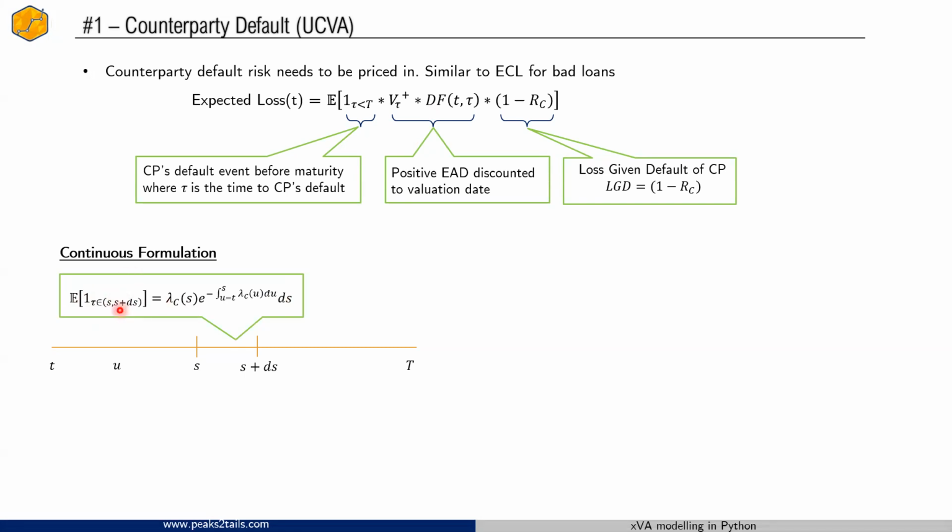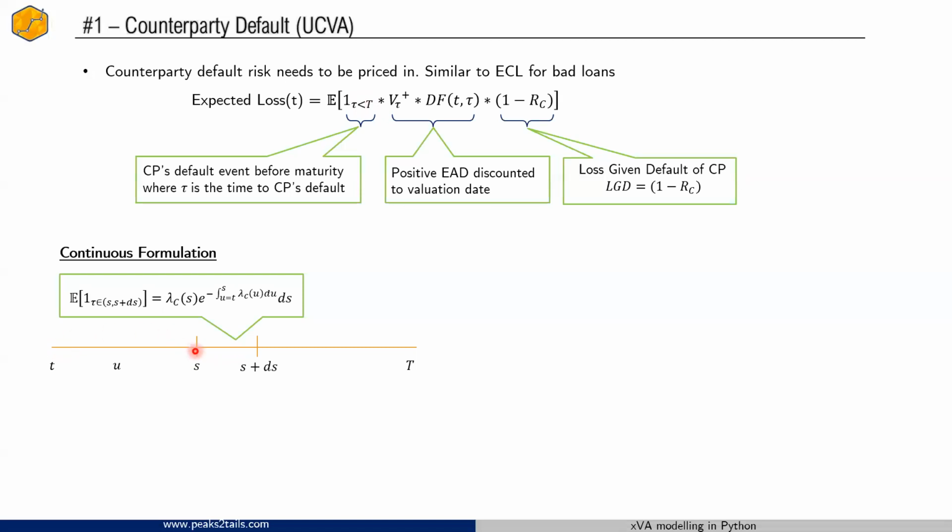We know that in Bernoulli, the expectation is just p. So PD is the expectation of this indicator variable. The probability of default within this small time interval would be the probability that it survived till s, then defaulted within this small instant. Yes, it is called marginal PD, exactly.